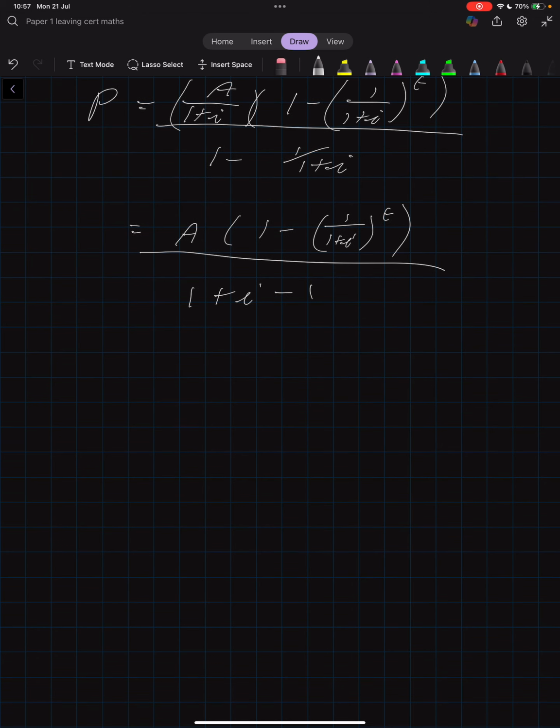So this thing on the bottom is just equal to I.